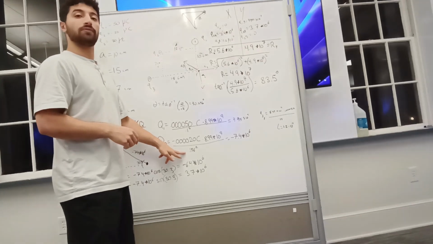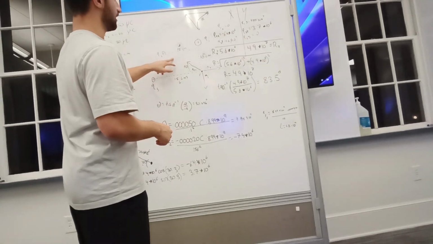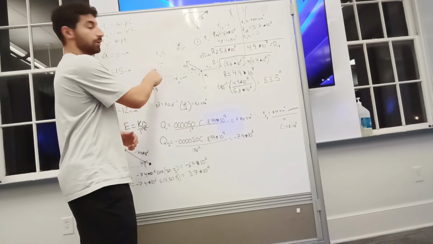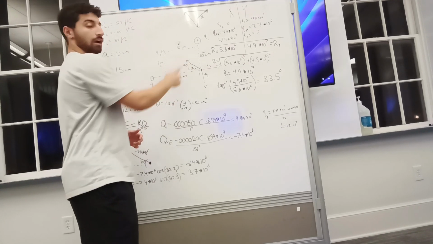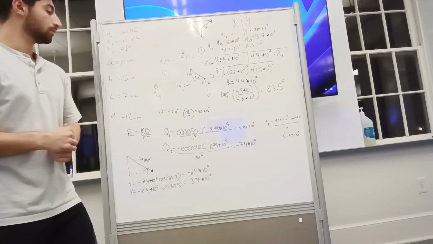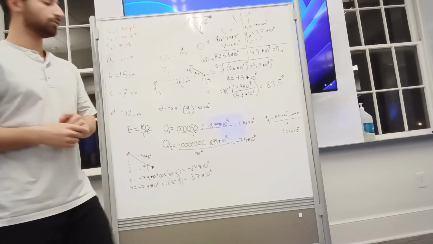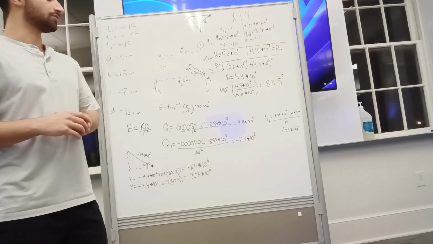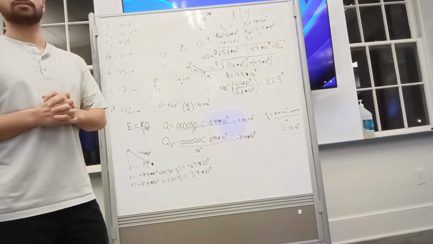We got our 0.156 by doing the hypotenuse. So 15 squared plus 7 squared, the square root of those gets our hypotenuse, and that ended up getting our 0.156 meters. And that's how we also get our magnitude, which is negative 7.4 times 10 to the 6 newtons per coulomb.